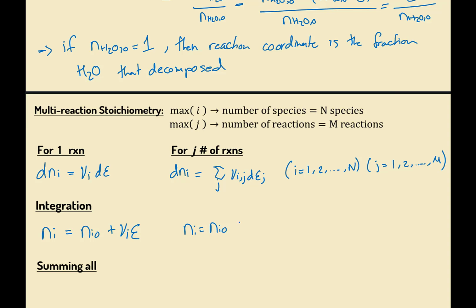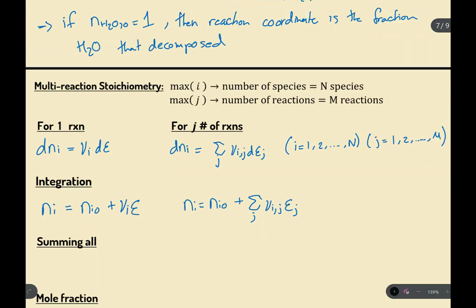Then to that, we're going to add essentially the change due to every reaction. So this term here for every reaction, it's going to be the summation over J of the stoichiometric number for species I for reaction J multiplied by epsilon J, my reaction coordinate.